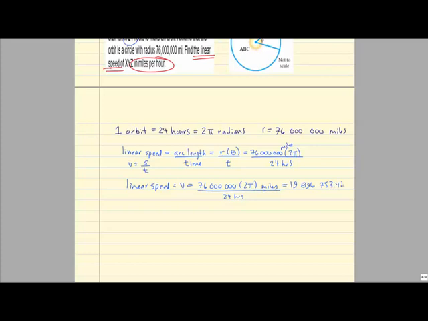So if they wanted us to round this to the nearest integer or the nearest mile per hour, our linear speed, if they asked us to round it, so you have to read the problem, is 19,896,753 miles per hour. Now, I rounded this to the nearest integer, so this 4 does not increase the 3. It's not 5 or larger, so I would just keep it as a 3.